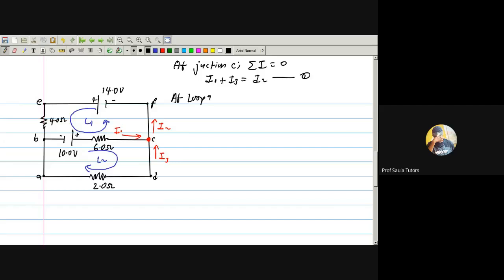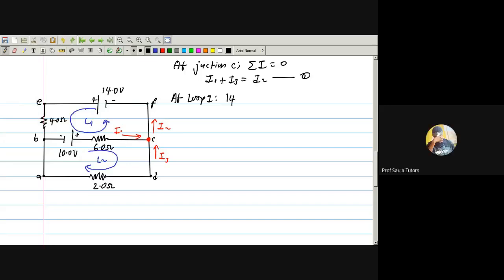So at loop 1, now don't forget Kirchhoff's rule. Looking at this, plus 14 volts. Now, remember the way current is moving here. You see this I2 that you are seeing here.